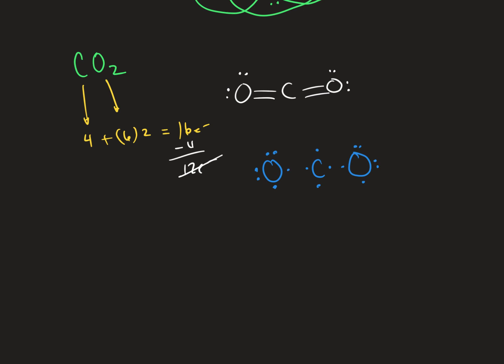You with me? You could do this, and it works. So these guys are going to bond. This guy's going to come over here, and this guy's going to come over here. So this is probably really what happens.